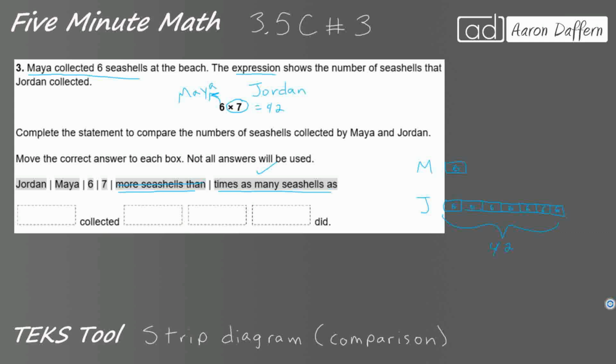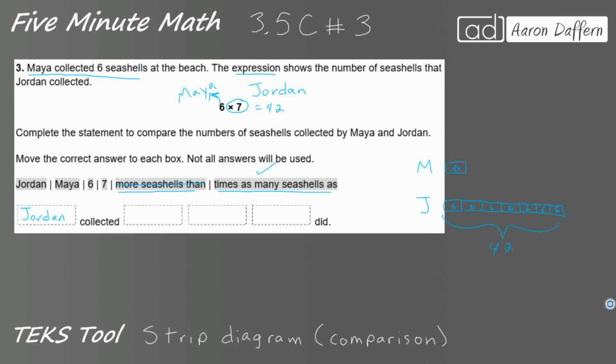Well, more seashells was Jordan because I'm going to have to stick this times as many, because if not, I'm going to have to use more seashells, but it's not a plus relationship, an additive relationship. So I'm going to say Jordan, she is the one that is going to collect times as many as Maya.